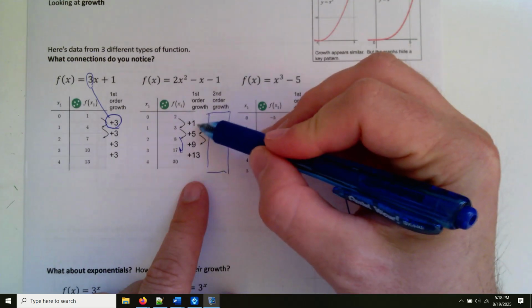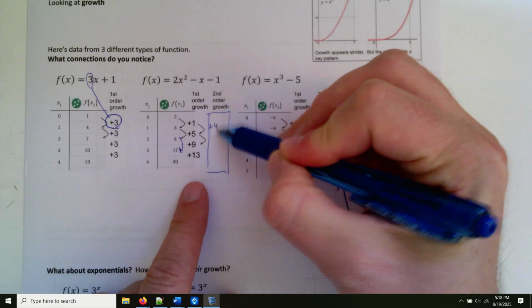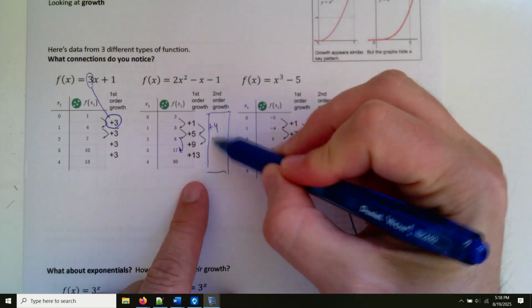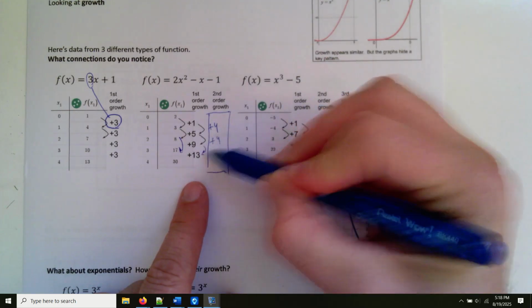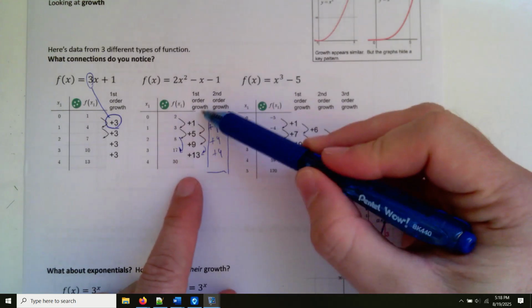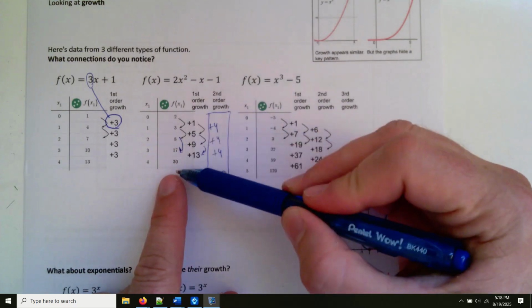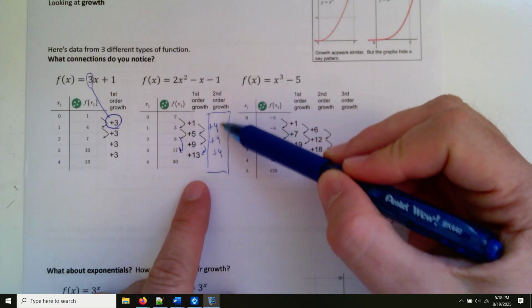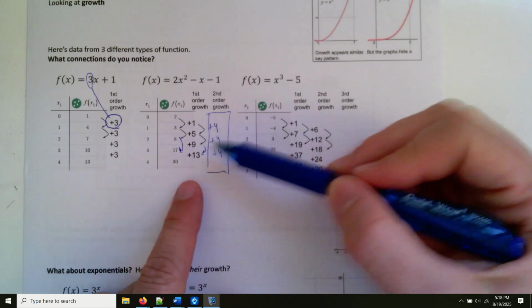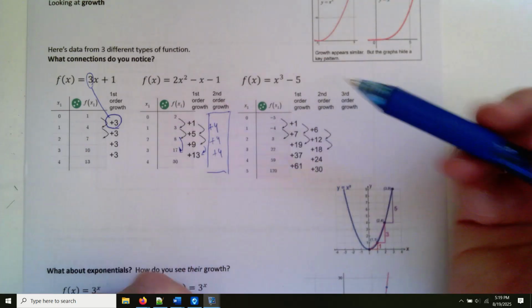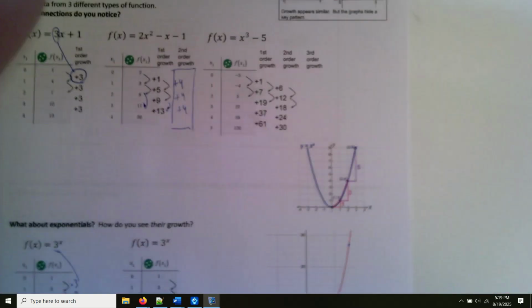So here, to get from 1 to 5, that's an increase of 4. To get from 5 to 9, it's also an increase of 4. So the first order growth is saying how are the y values growing. The second order growth is saying how is the growth growing? How is the growth of the y values growing? You can actually see that in this graph of the quadratic down here.